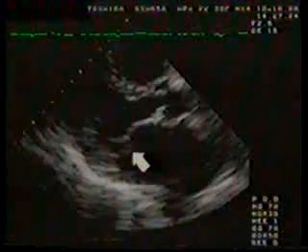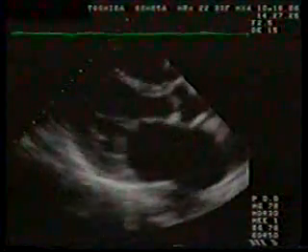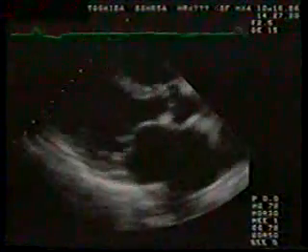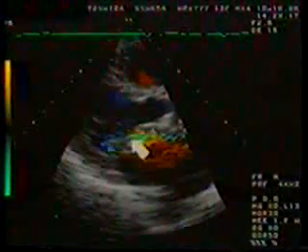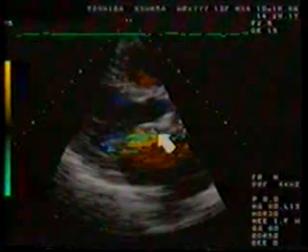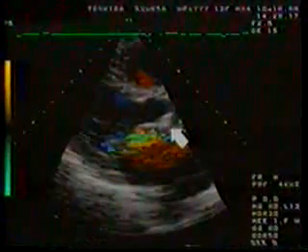This is a flail segment. On flow imaging, the turbulent mosaic portion of the mitral regurgitant jet is directed anteriorly in the left atrium toward the ascending aorta.